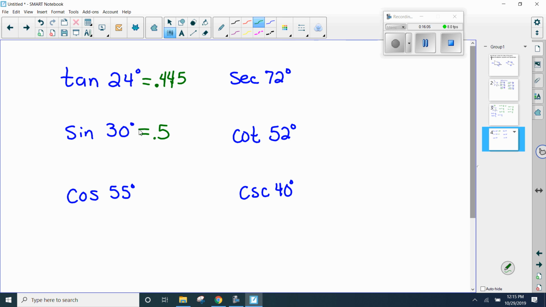So if you have friends who like to pull pranks on you, always check your calculator to see if it's in degree or radian mode. You can change the mode on the scientific calculators as well.